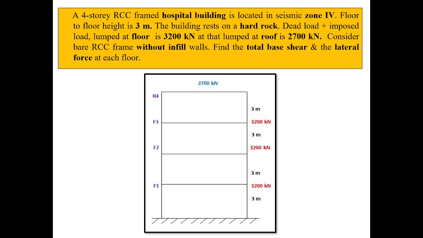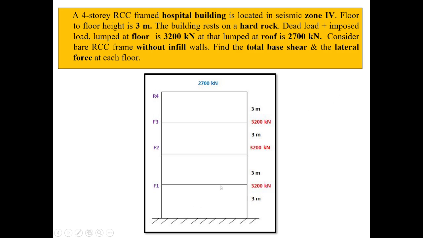Now let me demonstrate the seismic coefficient method by one simple and fundamental problem. A 4-story RCC framed hospital building is located in seismic zone 4 of India. The floor to floor height is 3 meter as shown here. The building rests on hard rock, so the foundation is resting on hard rock. Now the dead load plus imposed load which is lumped at the floor is 3200 kilonewton.